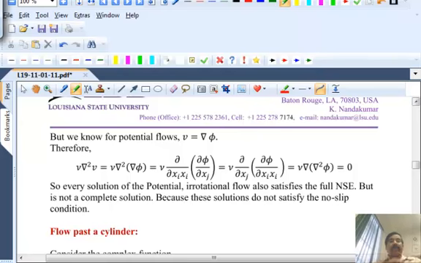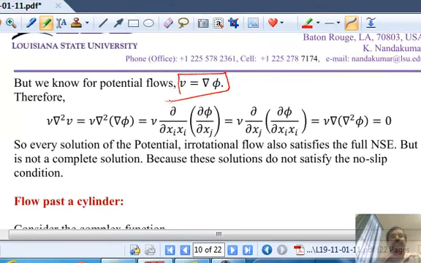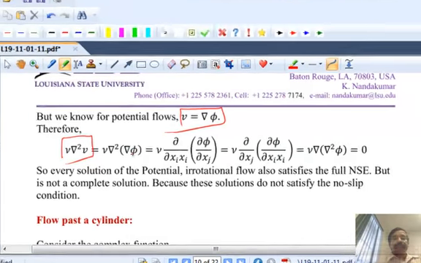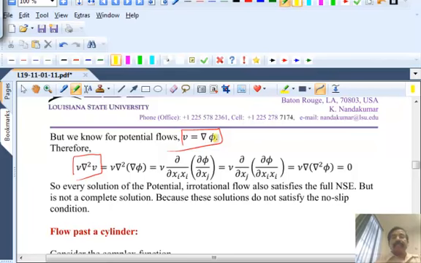In fact, I show that if V is given as the gradient of some potential function, I evaluate this term in general for any potential function. Nu times del square V, where V is the gradient of phi. I use index notation and switch the indices, and I have d squared phi dxi dxi.